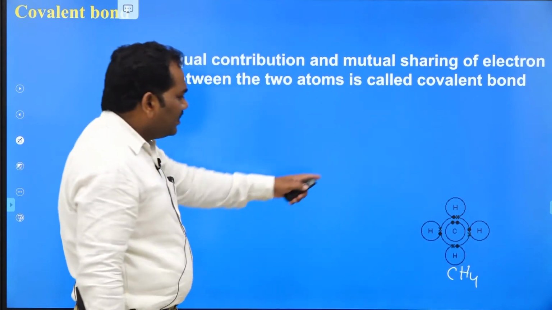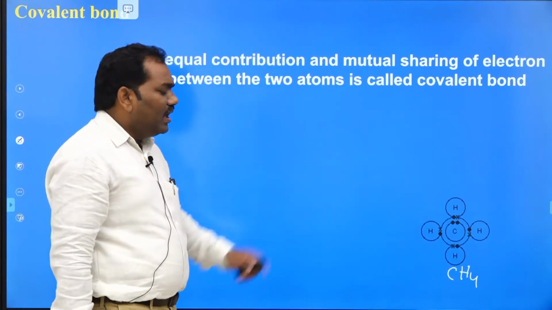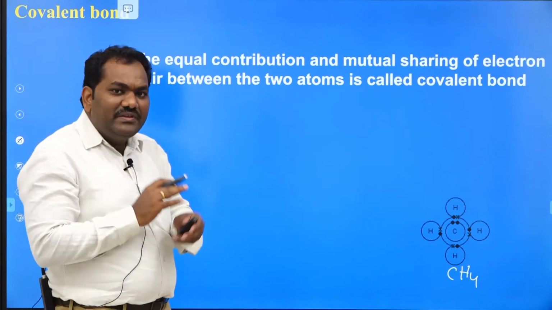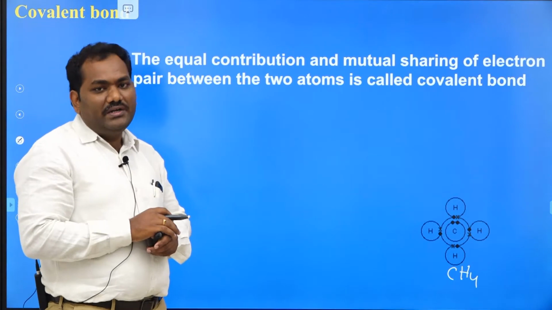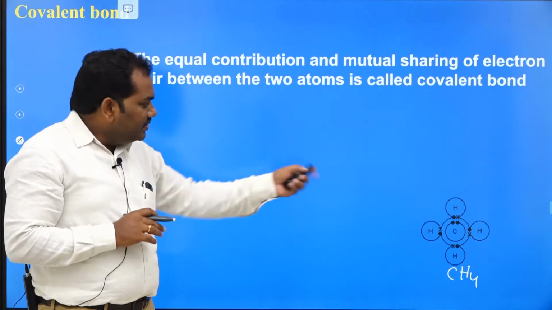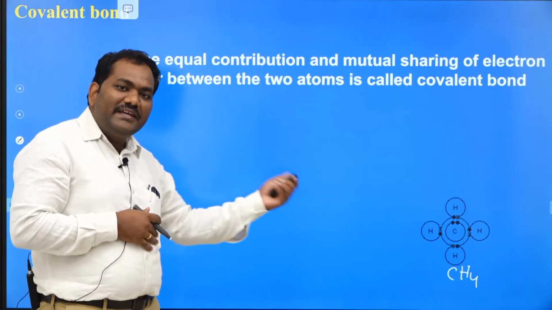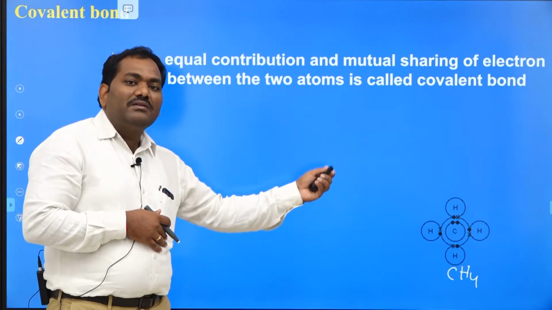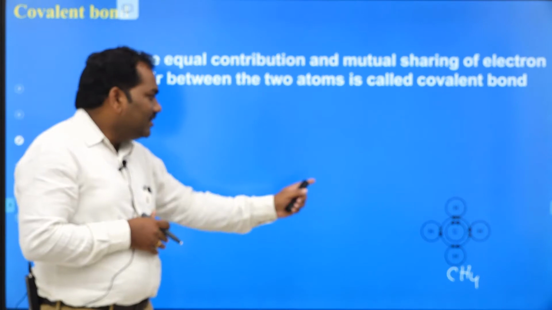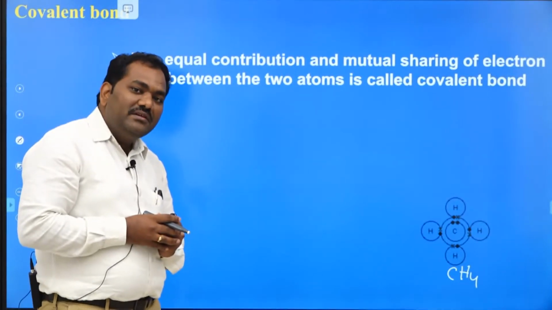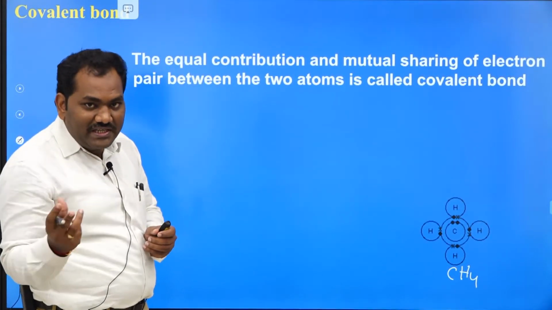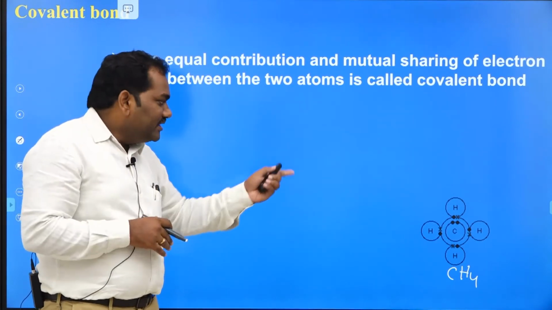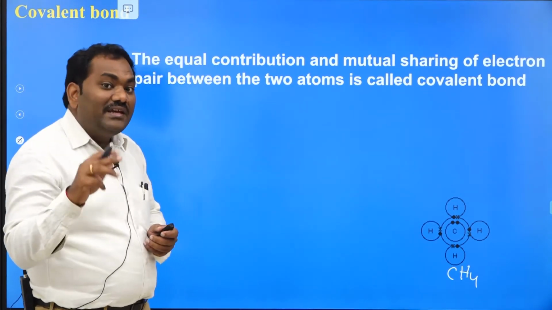This CH4 molecule is formed by the mutual sharing of electrons between the carbon and hydrogen atoms. Due to this sharing it attains noble gas configuration like duplet and octet configuration. In this molecule hydrogen attains duplet configuration like helium and carbon attains octet configuration like neon.